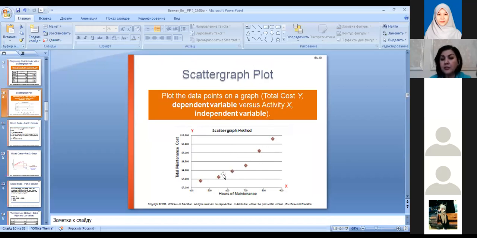What does it mean? When x increases, y, which is cost, also increases. So this is a linear relationship. Approximately, we can see from this scatter graph that the relationship is linear.